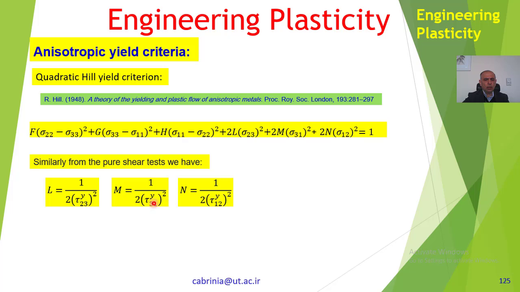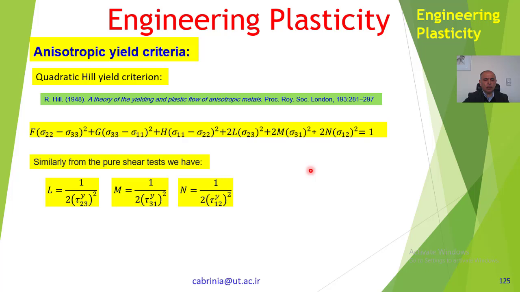So here we have L, M, N. Obviously, when the normal stresses are 0 and the other two shears are 0, we get only one shear. So we get these values, 1 over the yield in shear in that direction, and in this direction.